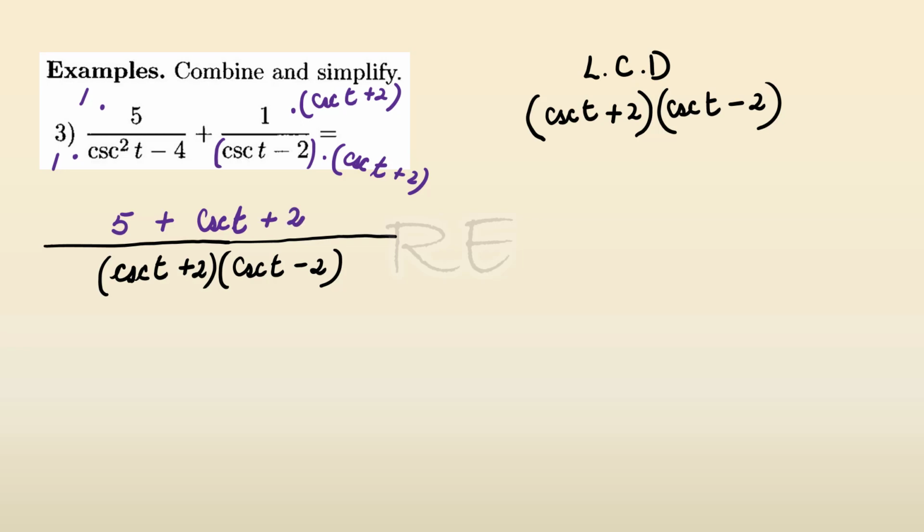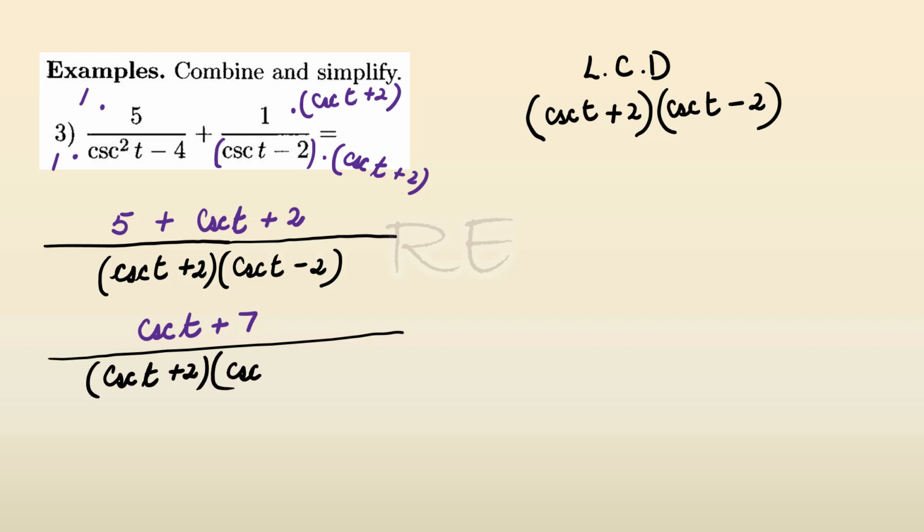Now we can combine the numerators since the denominators are the same. We're going to get cosecant t plus 5 plus 2, which is 7. Cosecant t plus 7 divided by cosecant t plus 2 times cosecant t minus 2 is our final answer.